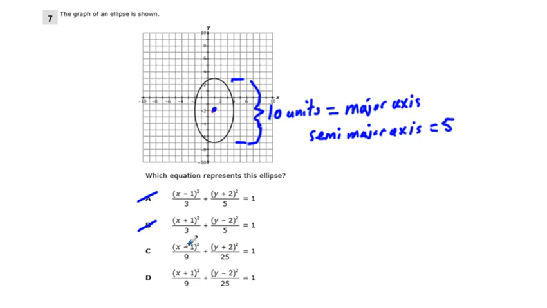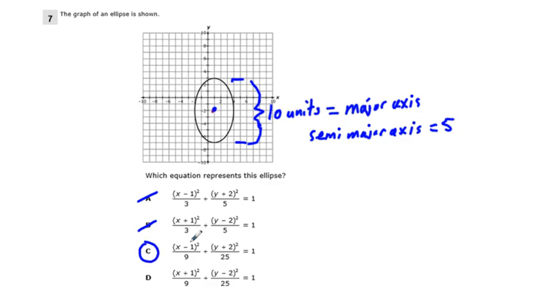And then you just have to look at the remaining two choices, C and D. You just have to look at the placement. You move 1 to the right, so that's going to be X minus 1 under the X, and down 2, that'll be Y plus 2.